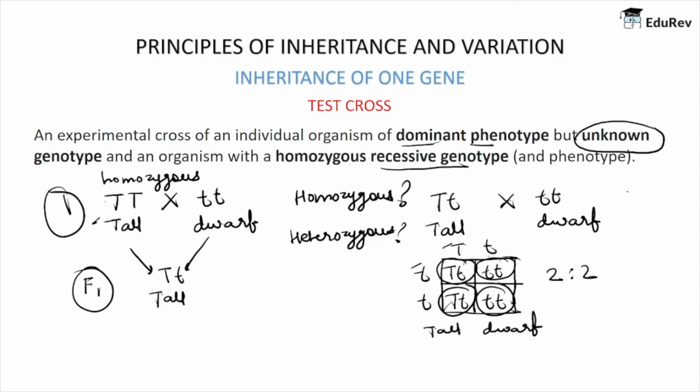And in the second case, if I am crossing again with a tall plant whose genotype I don't know yet, and if in my F1 generation I find that a dwarf plant is also coming, it means my heterozygous tall plant had one recessive gene, one small t, because of which the dwarf plant has now appeared in the F1 generation.